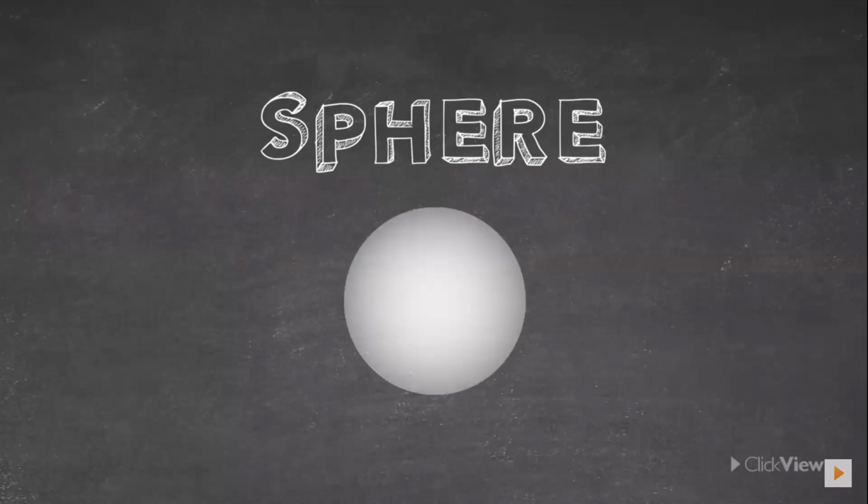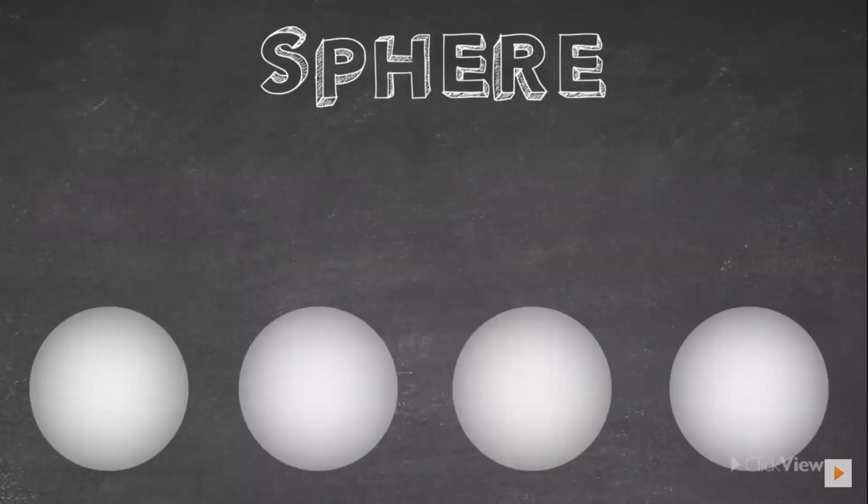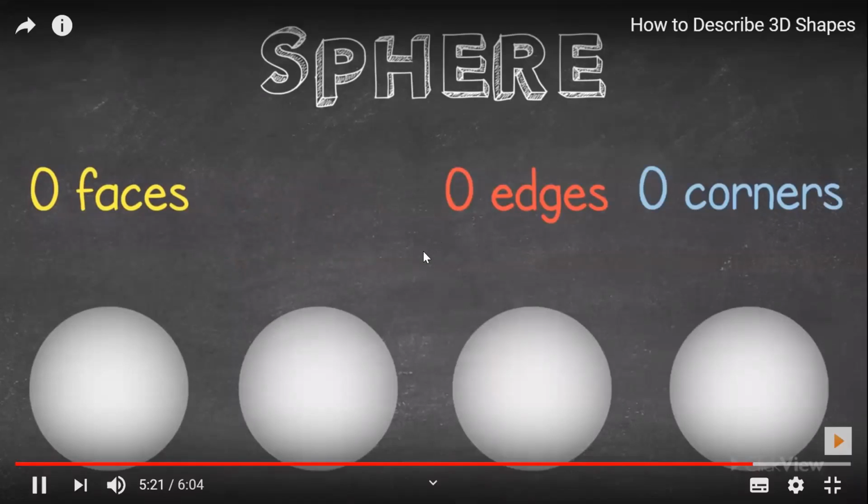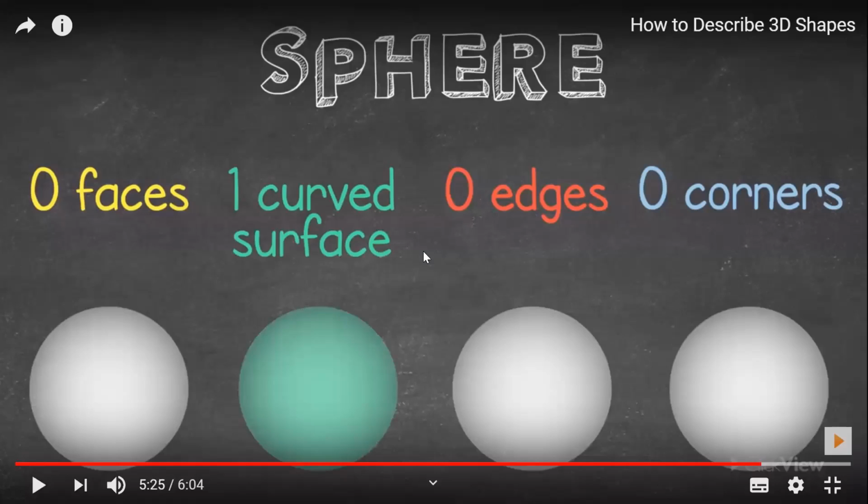This unique shape is a sphere. It's perfectly round, just like a ball. This means it has no flat faces, no edges, and no corners. Just one curved surface. So, the sphere is this shape, and it's like the ball.